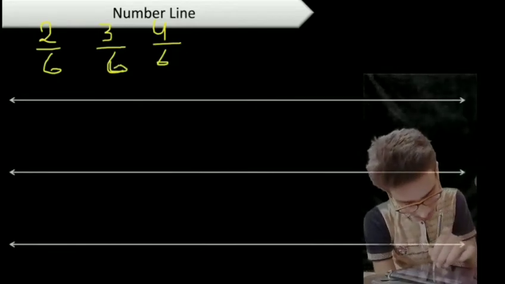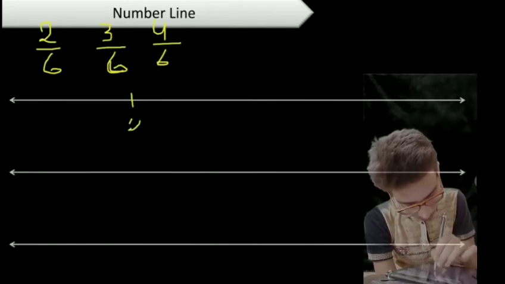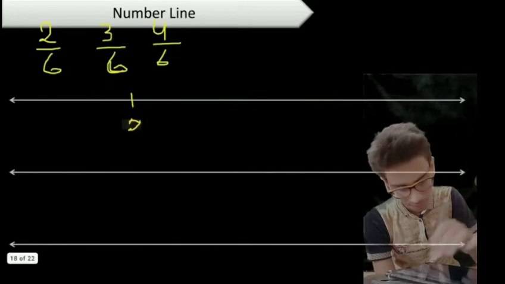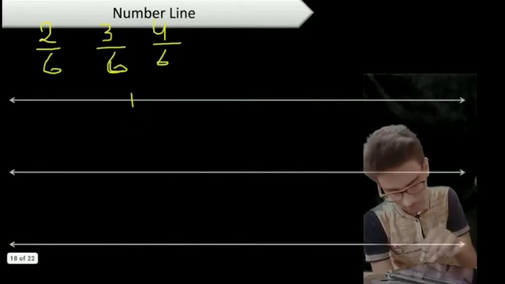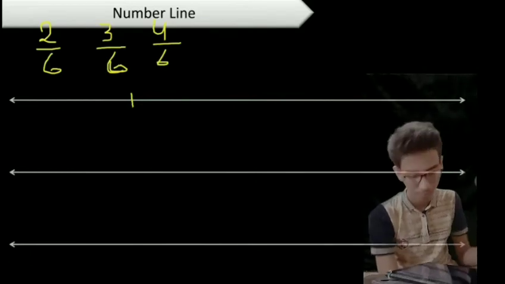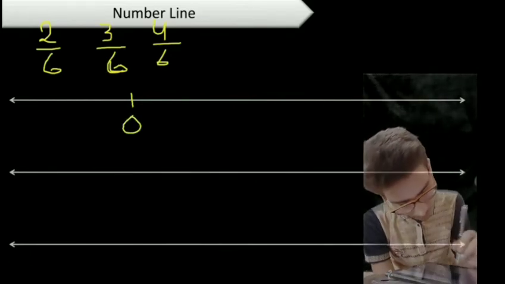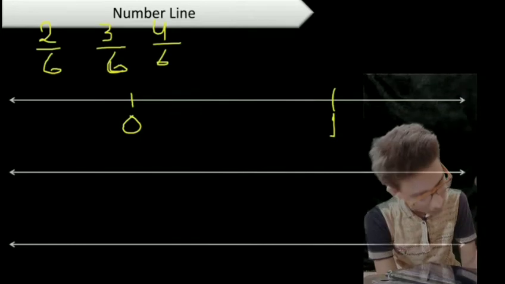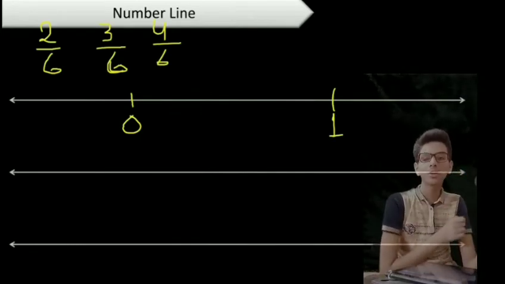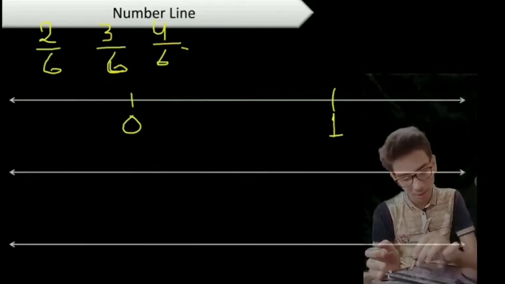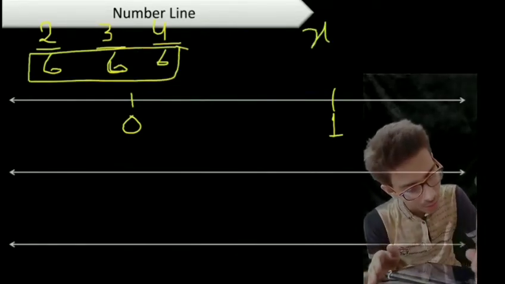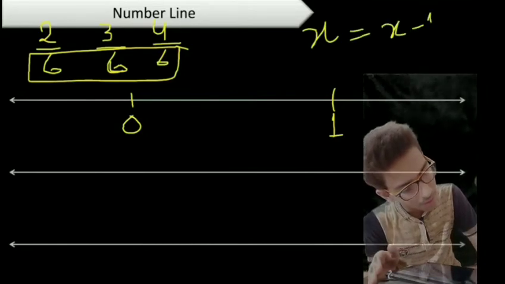So let's mark 0 over here, and let's mark 1 over here. Now between 0 and 1, how many lines are you going to draw when your denominator is 6? Suppose the denominator is x, so the number of lines should be x minus 1.